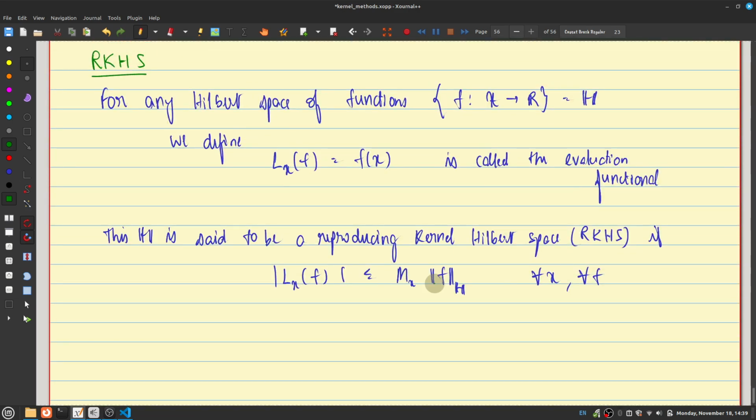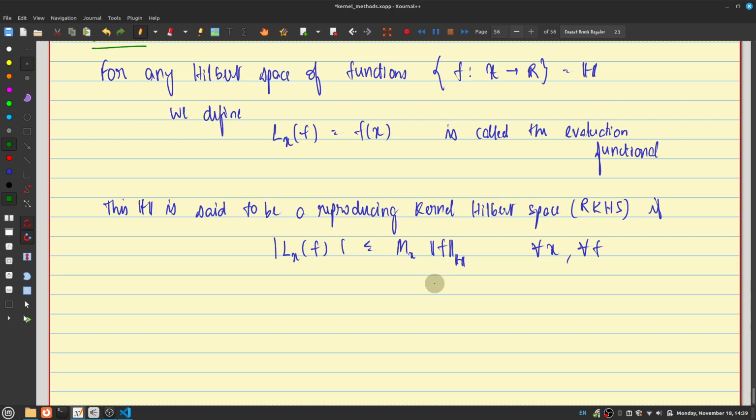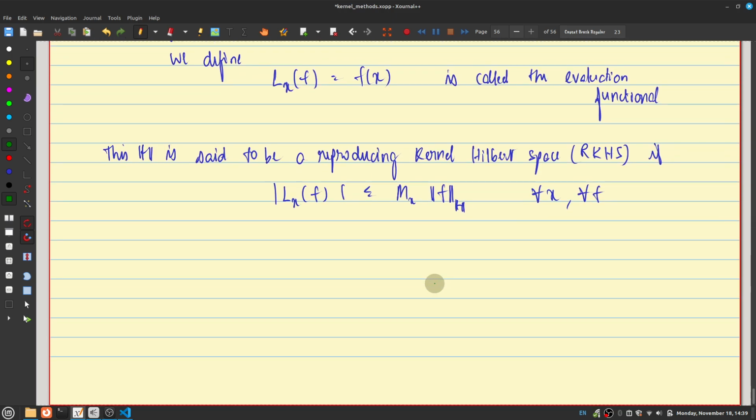But this definition doesn't seem very intuitive. So in fact, there's a more intuitive definition, or an equivalent property of RKHS, which is the following.